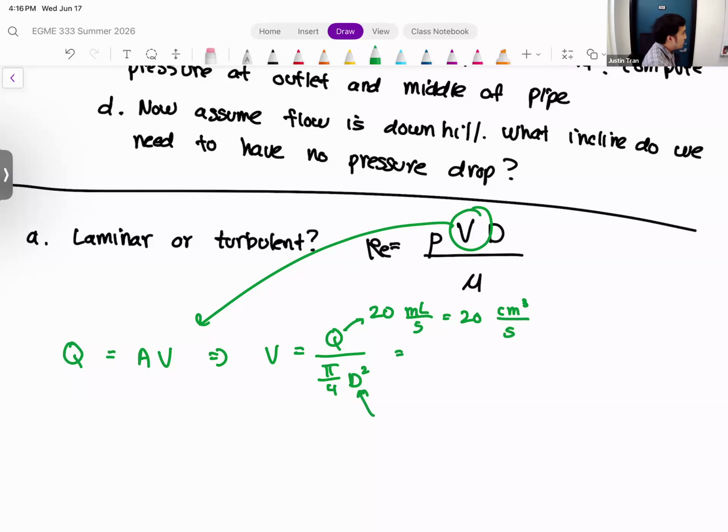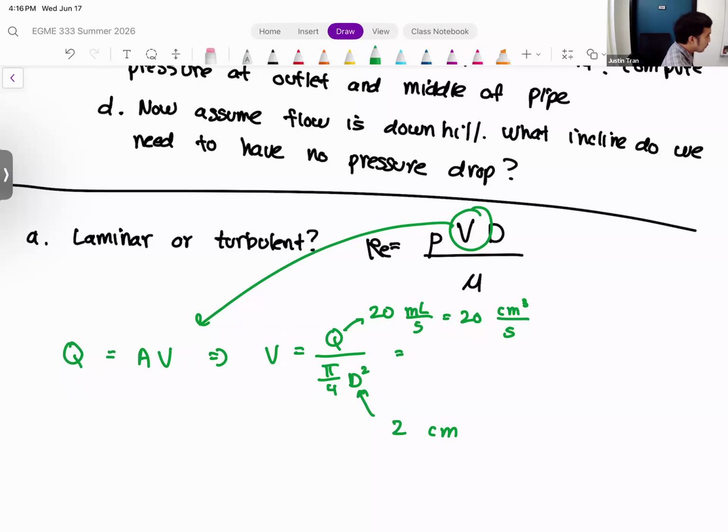And it just so happens that the diameter was given to us in centimeters as well. Right? So the diameter was given to us as 2 centimeters. So you can convert everything to meters at this point, right? So you can convert the flow rate to meters cubed per second, and you can convert the diameter to meters. That's fine. But if you're kind of savvy, you can see that both of these are centimeters.